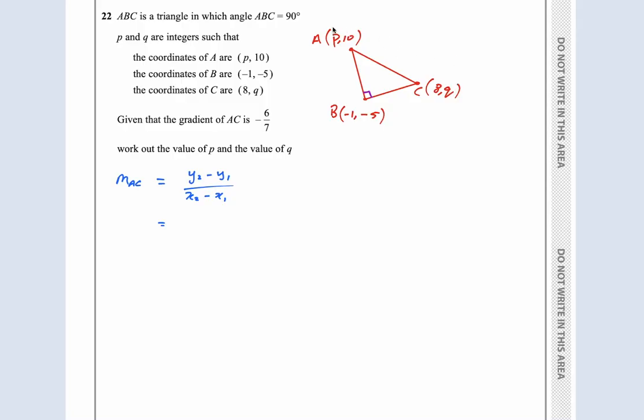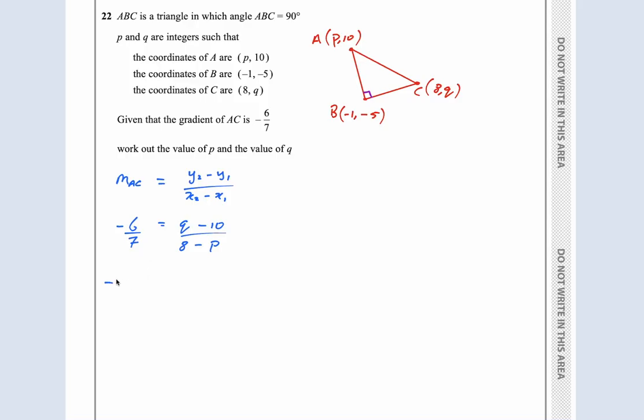Here y2 is Q, y1 is 10, x2 is 8, and x1 is P, and this is equal to -6/7, because we're told the gradient is -6/7.